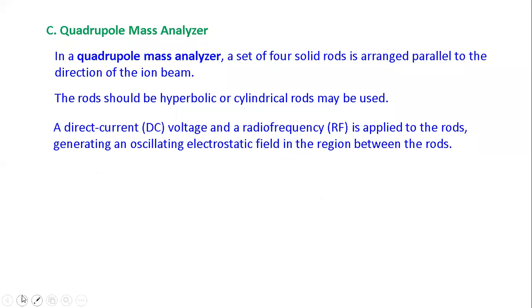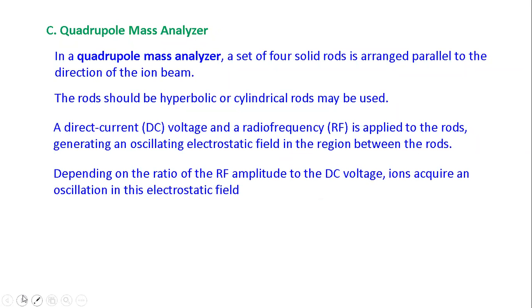Now, depending on the ratio of RF amplitude and the DC voltage, the ions acquire oscillation in this electrostatic field. Since they travel through this oscillating electrostatic field, they will have their oscillation. Okay, now this is the situation.